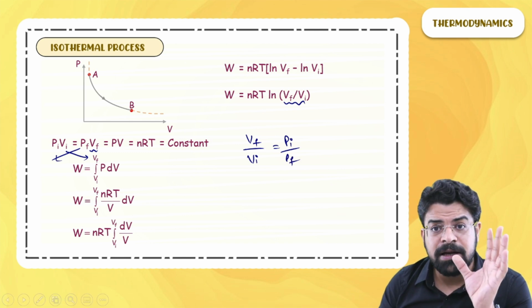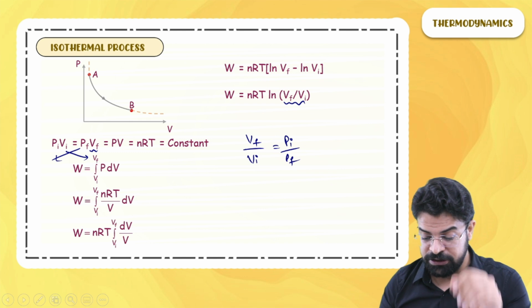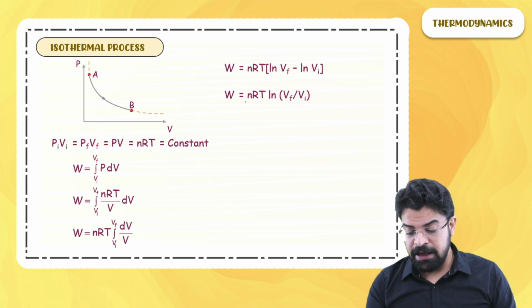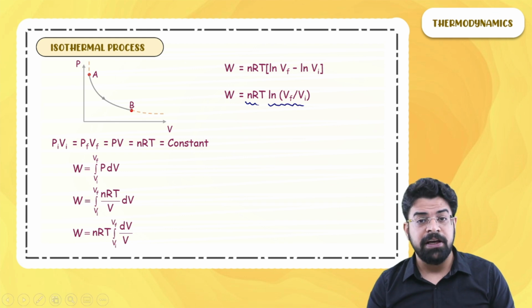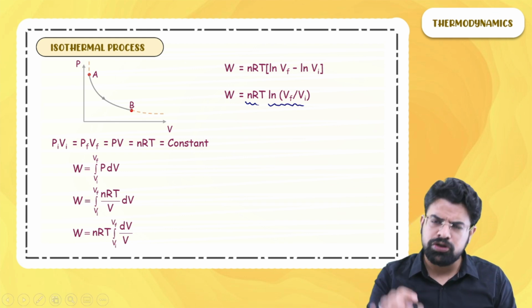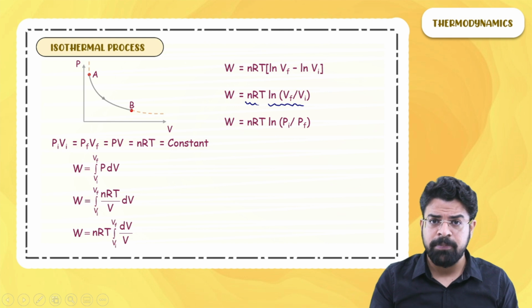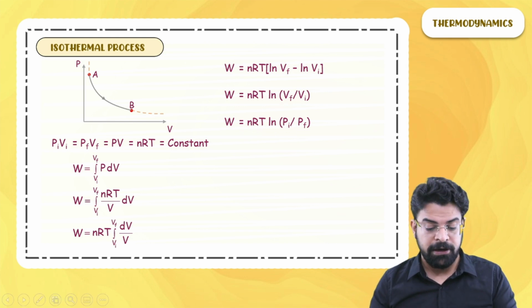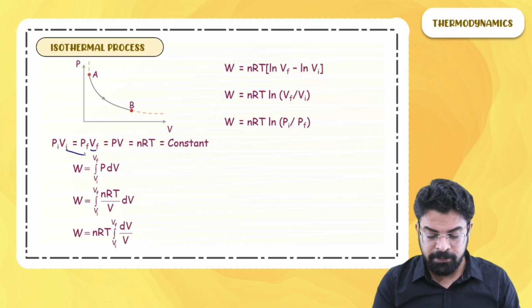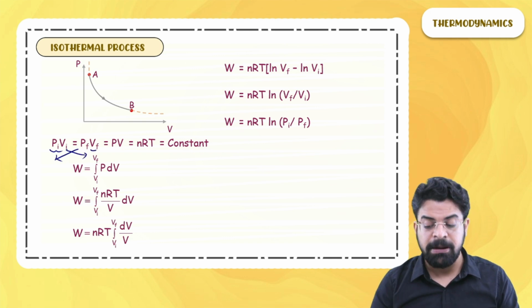So there are many different ways to write the same equation. Here we have been given nRT ln V final by V initial. The same thing can also be written in terms of pressure as nRT ln P initial by P final, because we know that V final by V initial is the same as P initial by P final.